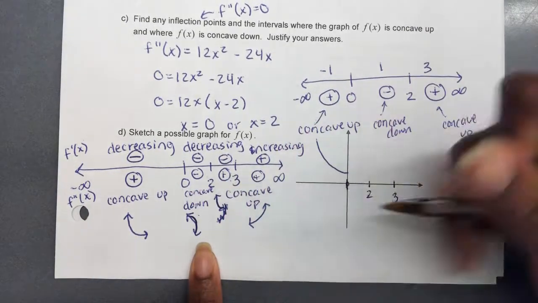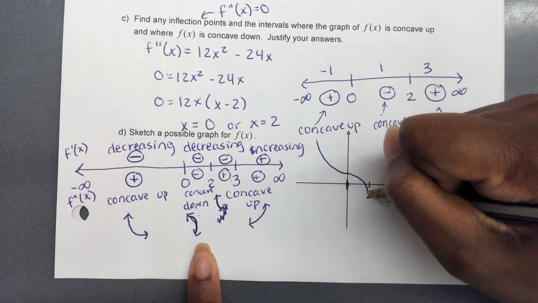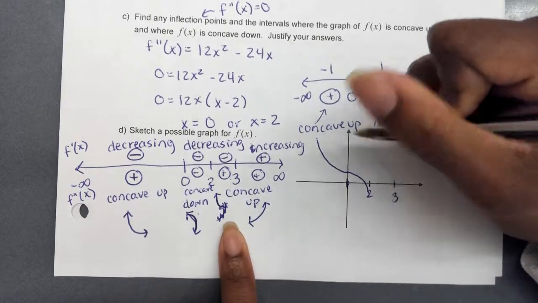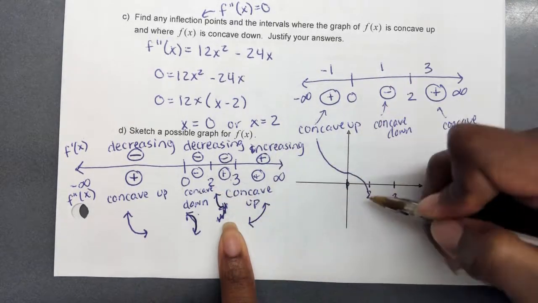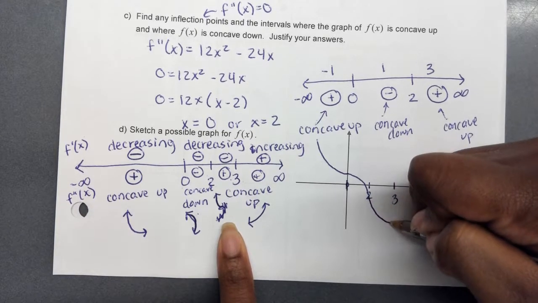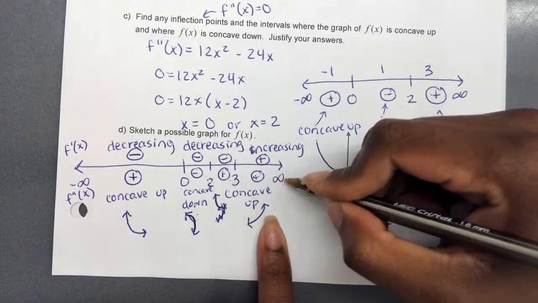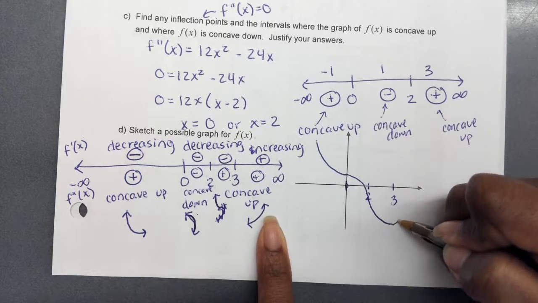From 0 to 2, our graph wants to look like that. So let's make that happen. From 2 to 3, our graph wants to look like that. So let's make that happen. And then from 3 to infinity, our graph wants to look like that. So let's make that happen.